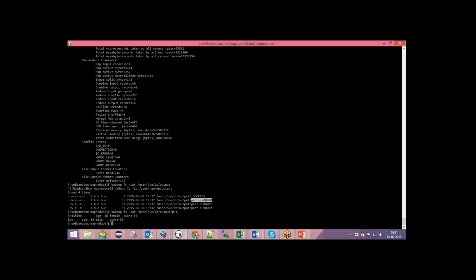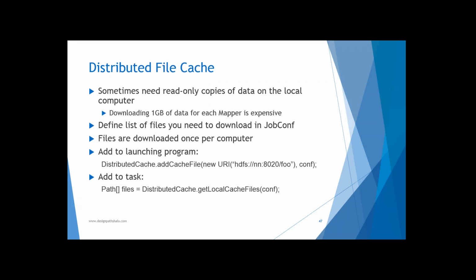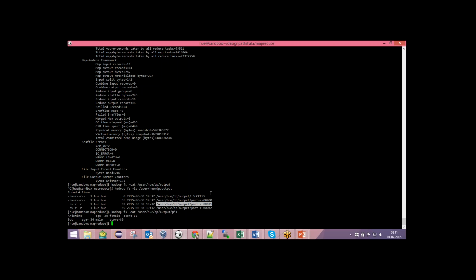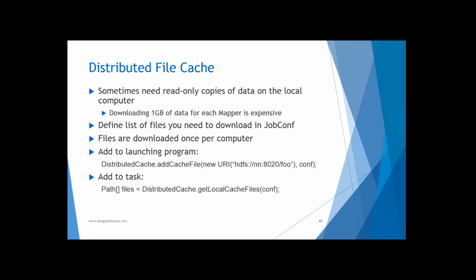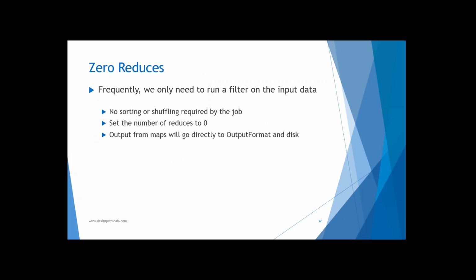The data emitted in this file is sorted based on the key. But data across two different files cannot be sorted, they are separate files. But if you go back to where it said no sorting required by the jobs, that's why I was kind of confused.